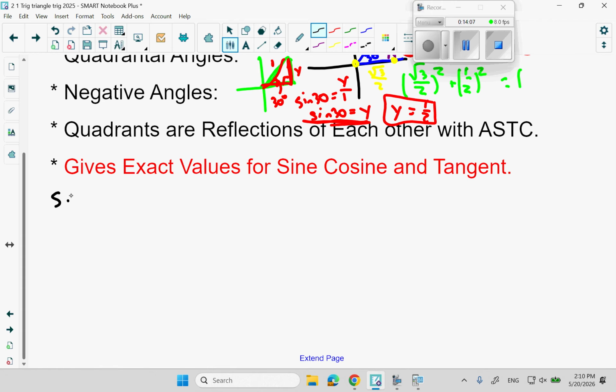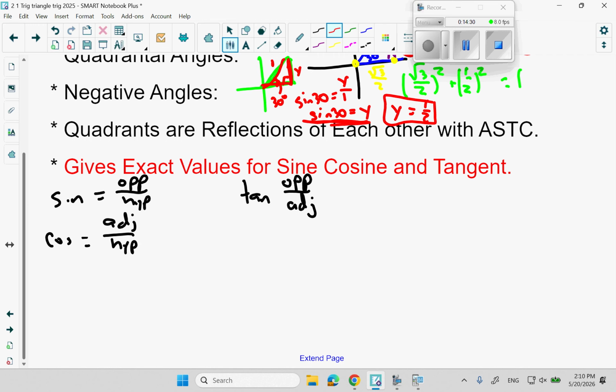If sine is opposite over hypotenuse and cosine is adjacent over hypotenuse, tangent is opposite over adjacent. What can actually happen is, let's say I was to do sine divided by cosine.